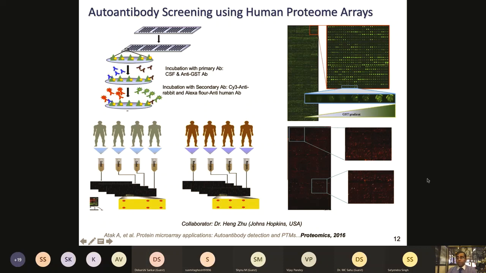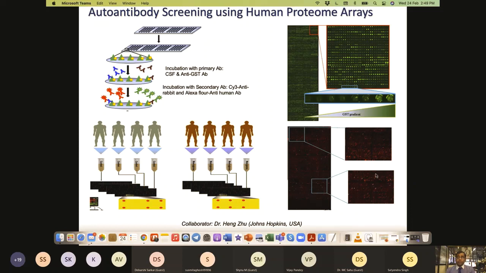And then on the same chip, we are first adding, let's say, Cy3, and then you add Cy5, because you can now do multiplexing on the same chip. You can look for the anti-GST Cy3 conjugated, when you look at only GST protein expression. Or if you're looking at IgG response, you can look for the immunoglobulin tagged with Cy3 or Cy5, and you can look for their response as well.